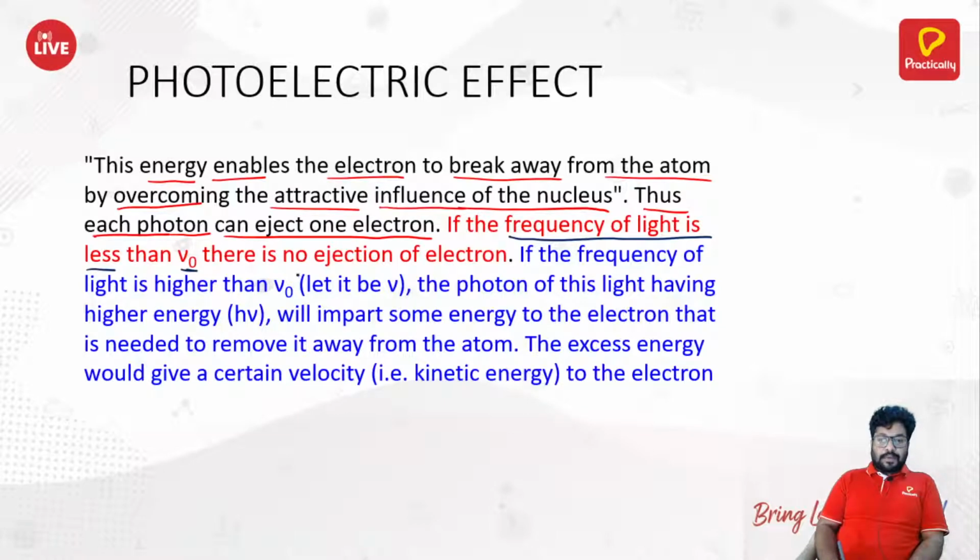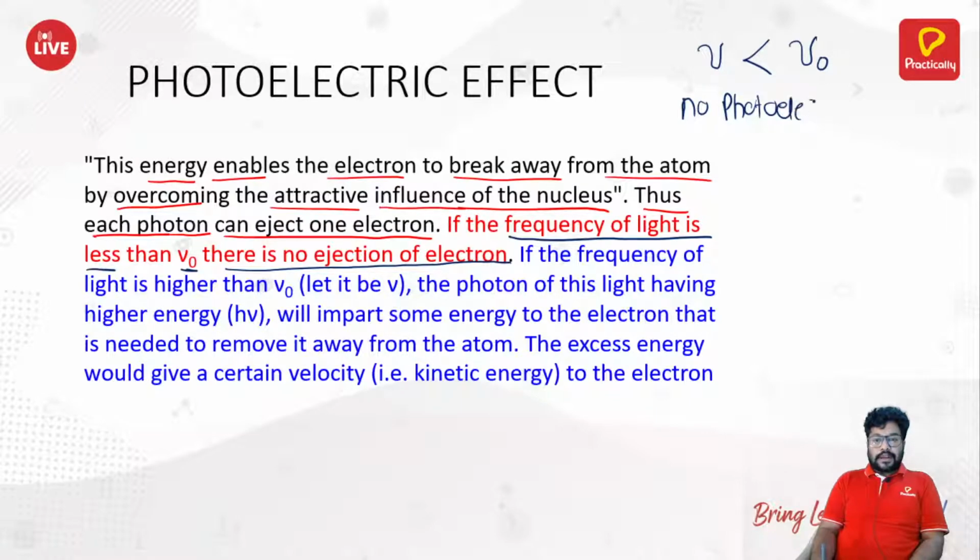If the frequency of light is less than nu 0, then there is no ejection of electron. That means nu is the frequency of the incident radiation and nu 0 is the frequency that is required for ejection to happen. If nu is less than nu 0, no photoelectric effect will occur. That is obvious.